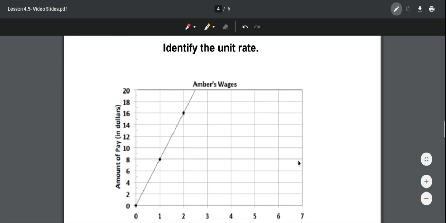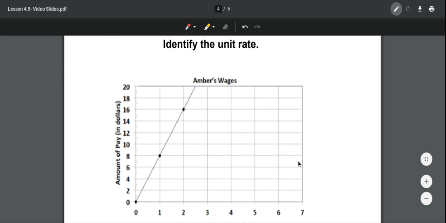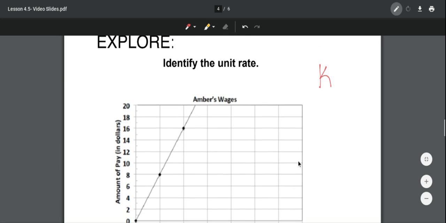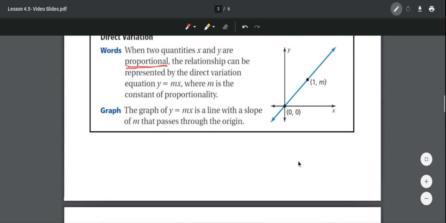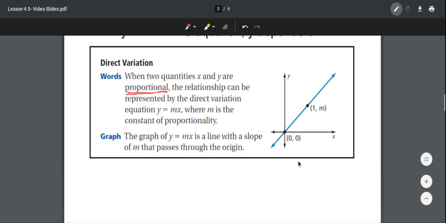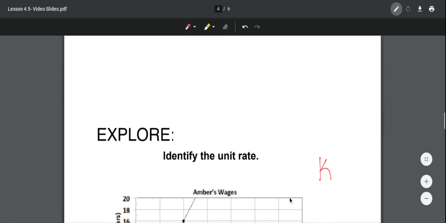Let's identify the unit rate in this particular problem. As we said before, our unit rate is k. K, as just identified in the previous discussion, can also be represented by m, which is also called slope.